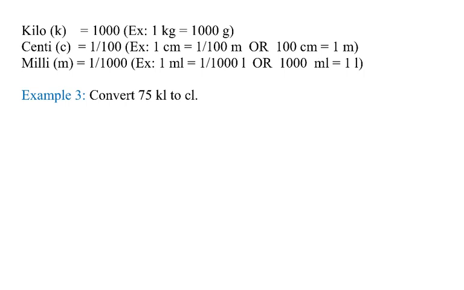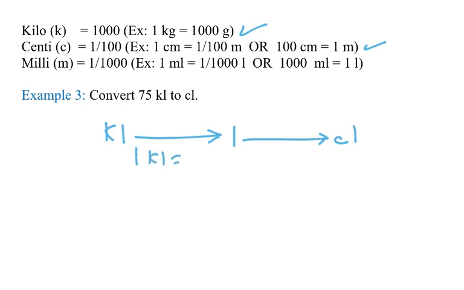I have my prefix kilo that tells me that I can go from kiloliters to liters. And then I have my prefix centi, which tells me that I can go from liters to centiliters. And the conversion facts would be that 1 kiloliter is 1,000 liters.